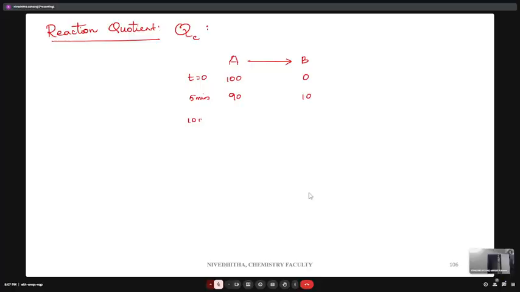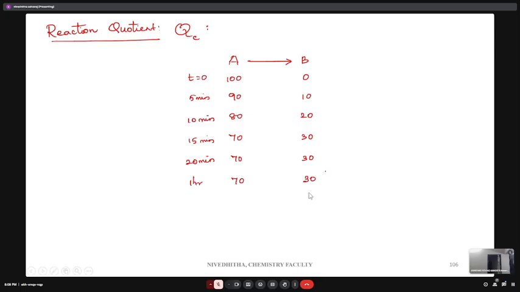After 10 minutes, the quantity of A is 80 and B is 20. After 15 minutes, the quantity of A is 70 and this is 30. After 20 minutes, quantity of A is still 70 and this is 30. After 1 hour, the quantity is 70 and still it is 30.